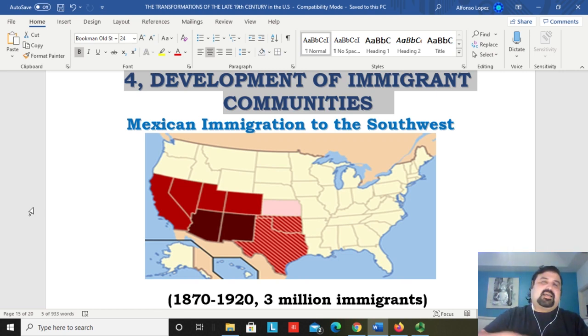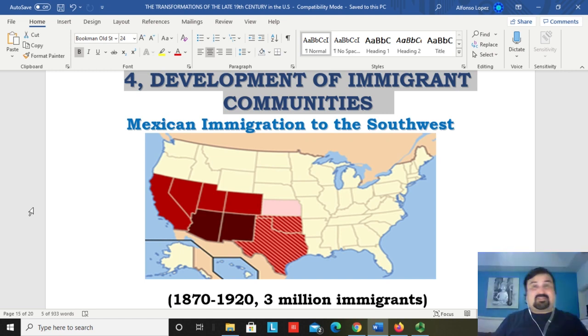And the third, a modern transportation system, the railroad. Those were essential stages of change. And so the fourth stage of transformation occurred with the development of immigrant communities. So we're going to see also the presence of immigrant groups pouring into the Wild West in specific places.